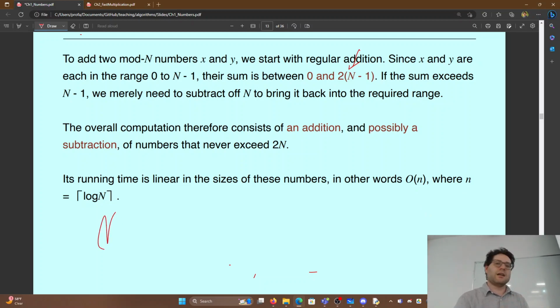Whenever we see a log, this is saying it's going to be linear in the number of bits it takes to do an addition operation in modular arithmetic, just like adding any other number. Make sense? Because all we're going to do is add a number and possibly subtract a number. So 2n operations, essentially.